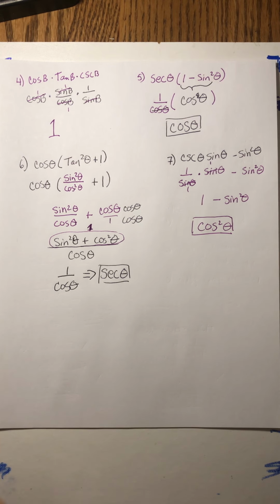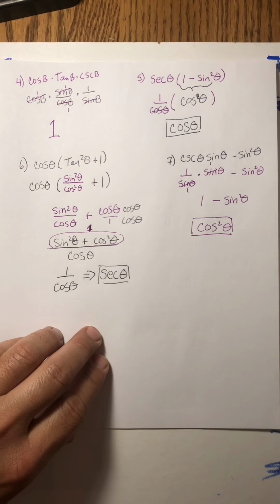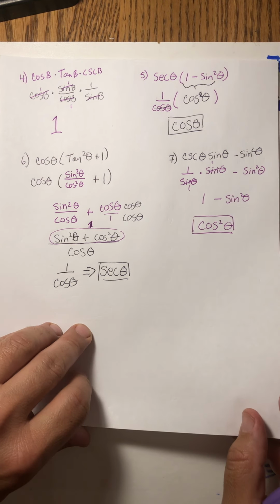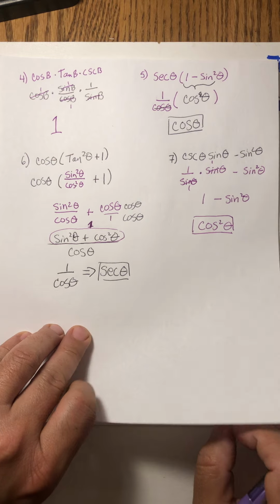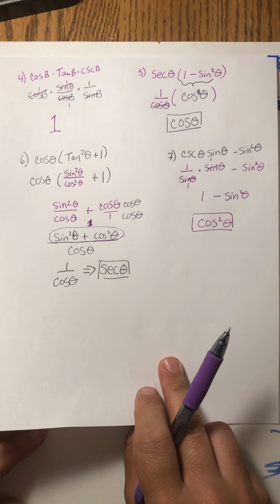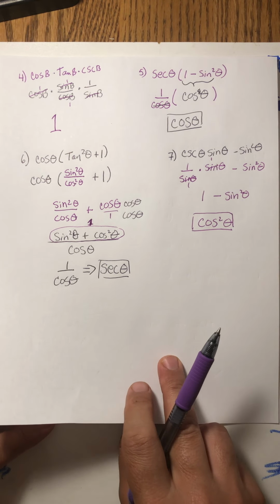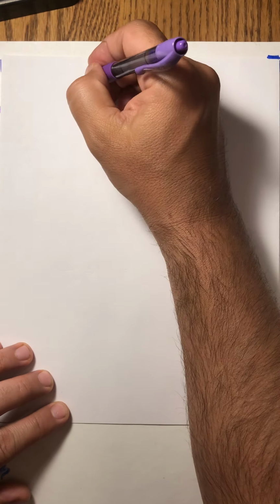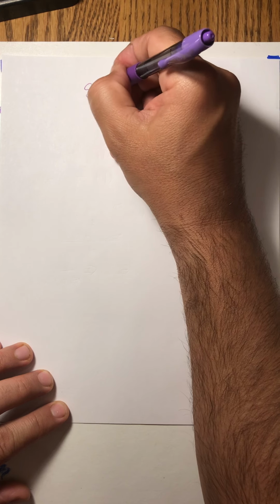Now what I want to show you is something that's an offshoot of our Pythagorean identity. I'm going to show you how we could have used it on a couple problems. So this is our Pythagorean identity.